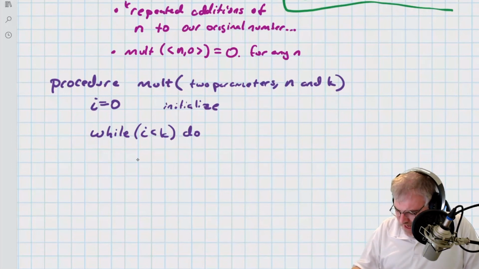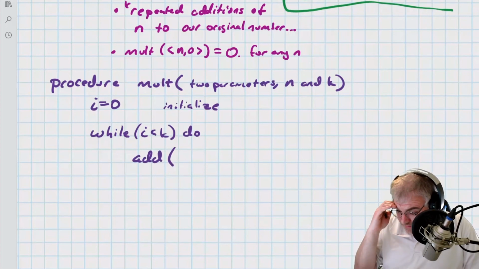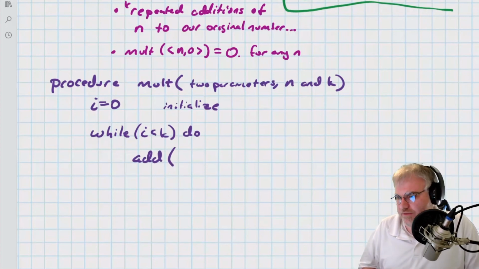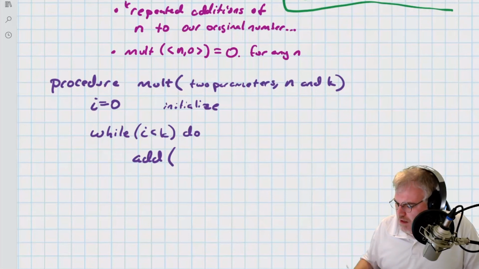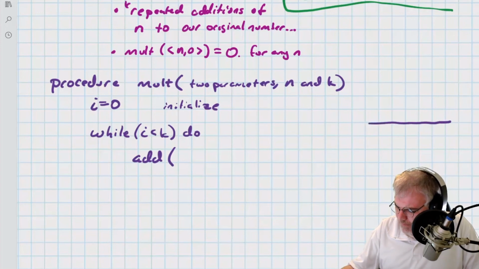So we're going to have an add. Now, what should I be adding? What should I start with? Where should I begin on my number line when I multiply? Let's say I'm doing mult 3, 2.